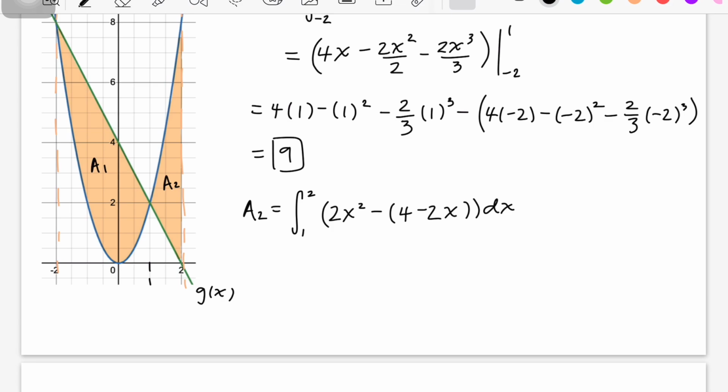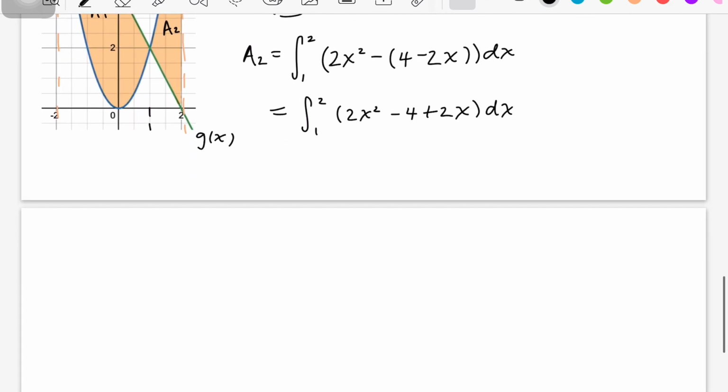Simplifying this a little bit, we'll write this as 2x squared minus 4 plus 2x. We'll take the antiderivative and then evaluate. This will be 2x cubed over 3 minus 4x plus 2x squared over 2, and we're evaluating this at our lower and upper limit.